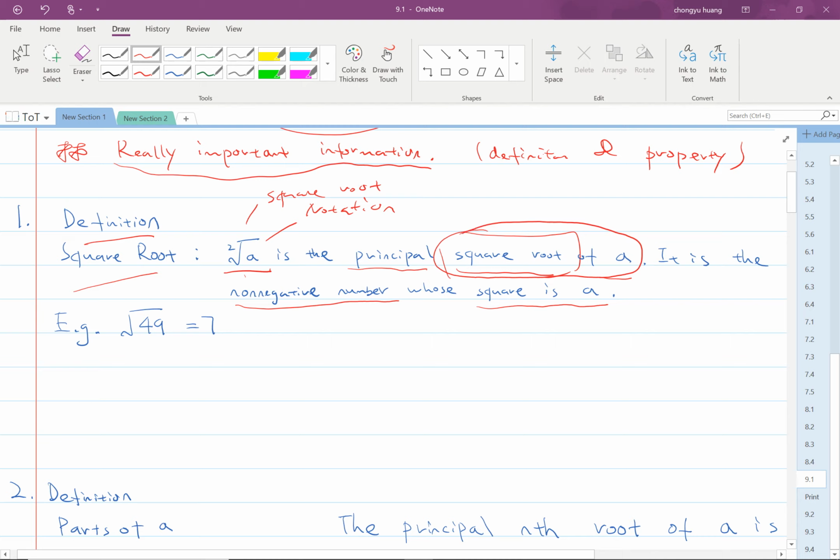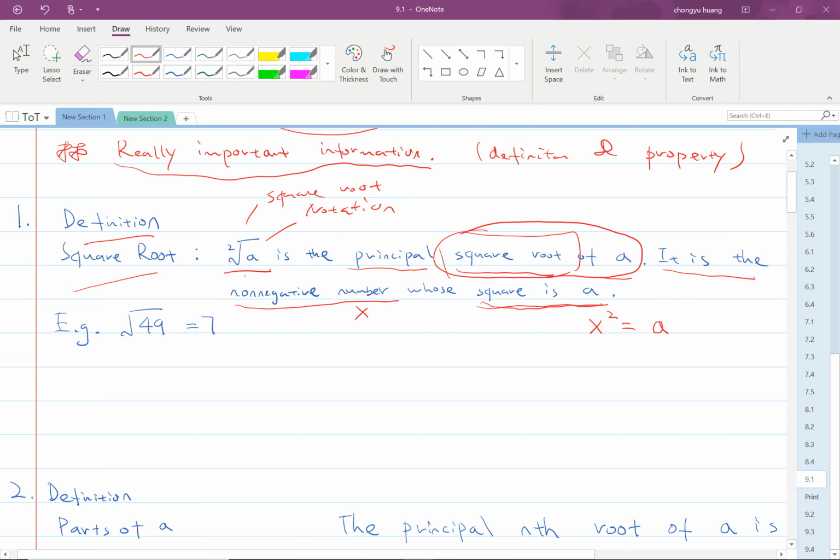After that it says it is the non-negative number whose square is a. Suppose our non-negative number is x. What that means is that x squared is equal to a.